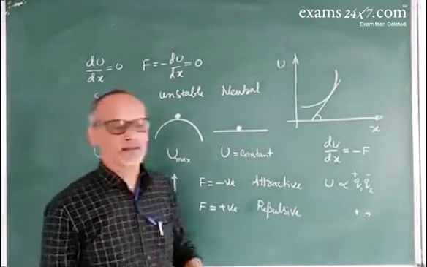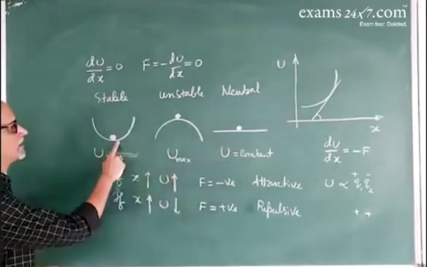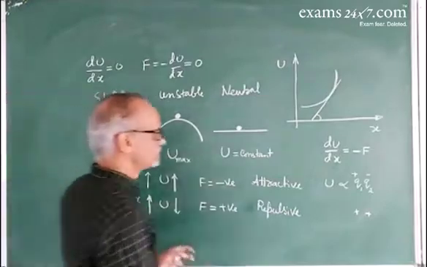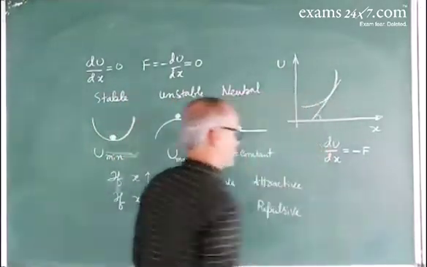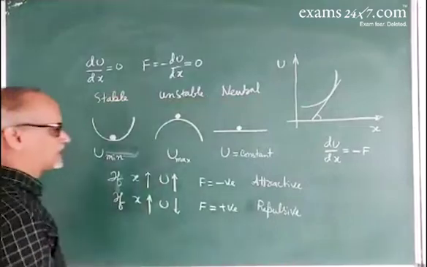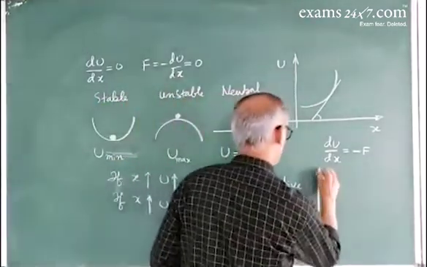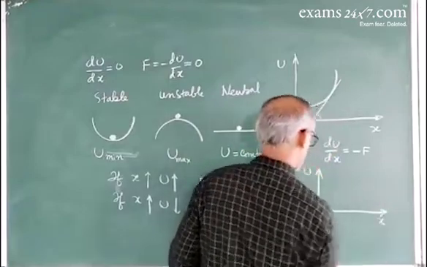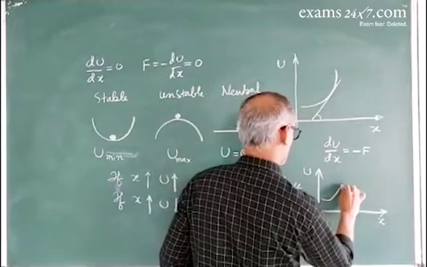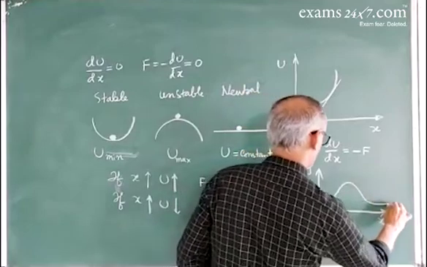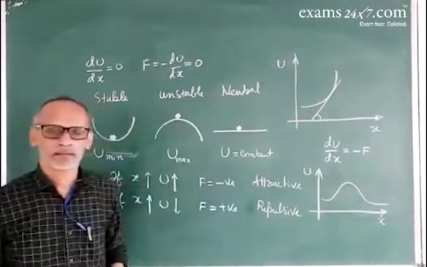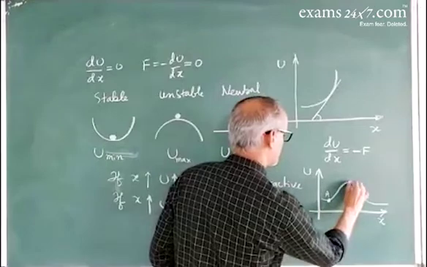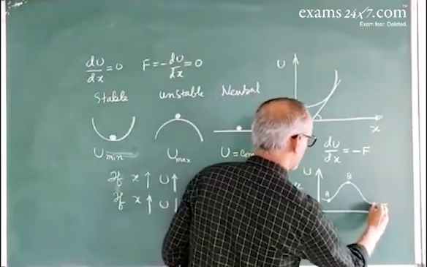To understand the three types of equilibrium, stable, unstable, and neutral, sometimes they will give a graph of potential energy versus distance, and you will be asked to find the stable, unstable, and neutral equilibrium.